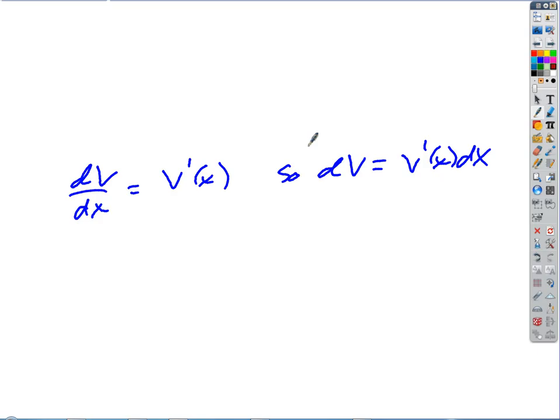I haven't given you this word yet, but when we write something in that form, that's called the differential form of a derivative. When it's not written as a ratio of dV divided by dx, it's just written as dV equals V prime of x dx. That's called a differential.